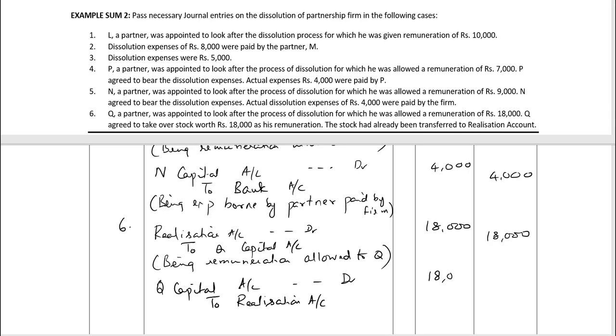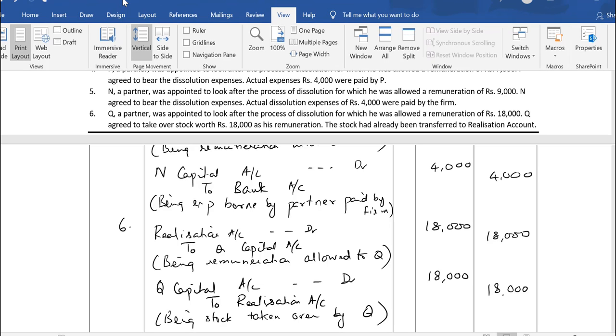The stock taken over rupees 18,000. Narration: being stock taken over by partner Q. Now if you see here, both the journal entries cancel each other.